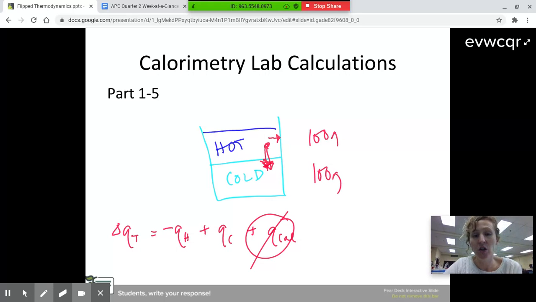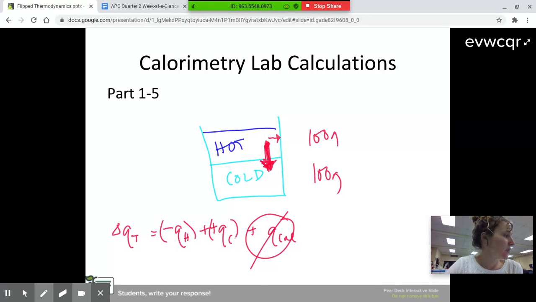So whatever your Q hot is, it should be negative. Similarly with the cold water, if cold water is your system and energy is moving into it, your cold water should be a positive value. So this is the first check you should do on, are your numbers reasonable? Because you should get these signs, and if you don't, something's off.